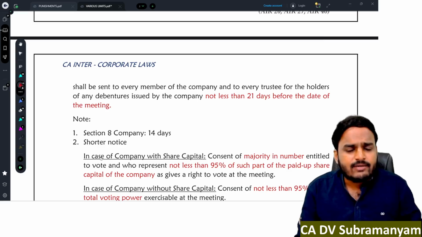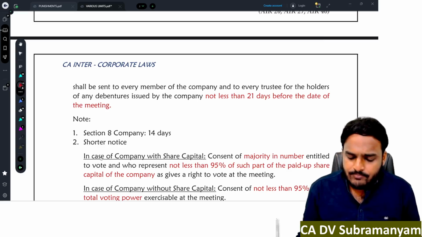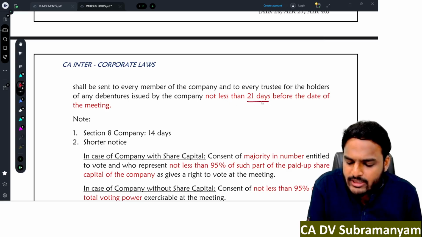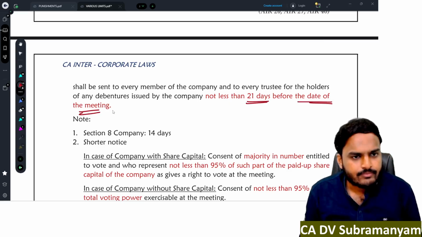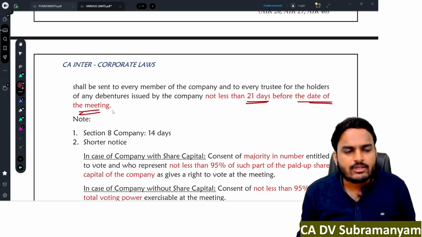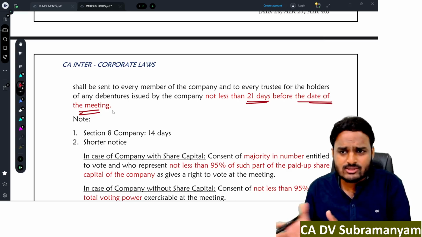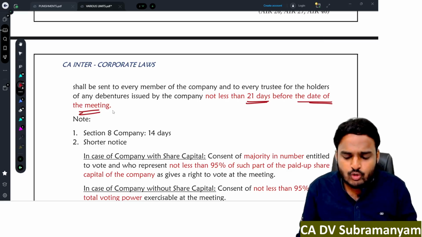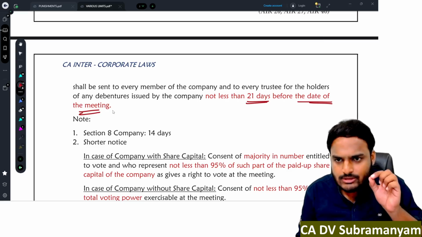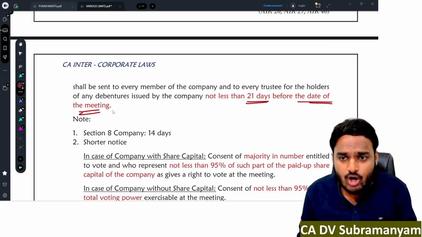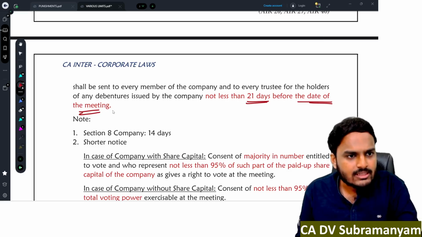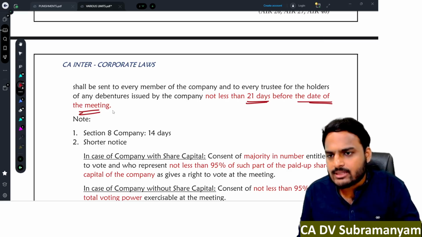So what is the time period for circulating these financial statements, sir? At least 21 days before the date of meeting, similar to the notice, 21 clear days, right? So here, 21 days before the date of meeting, you should send a copy of financial statements, audit report, and board report to every member of the company and every debenture trustee.